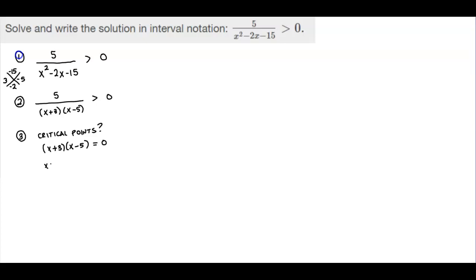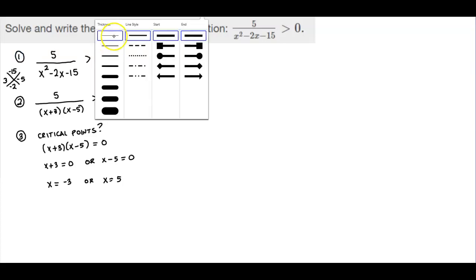So we have x plus 3 equal to 0, or x minus 5 equal to 0. Therefore x is going to equal negative 3, or x is going to equal positive 5. Now remember, both of these make the denominator undefined, so we need to keep in mind that that's what's happening.